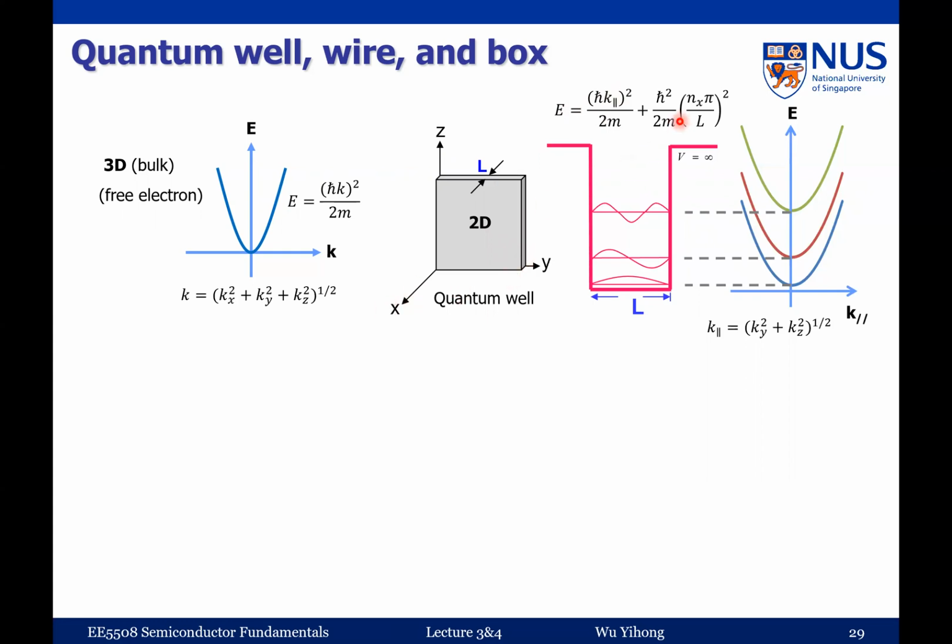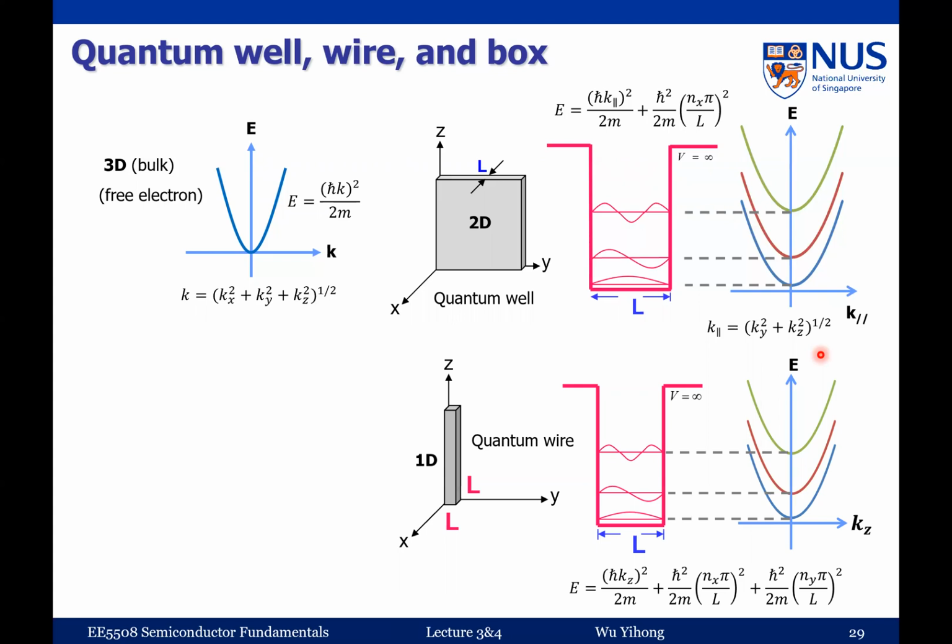But in the X direction, Kx is quantized. That's the reason why you have these sub-energy bands, or sub-energy levels. This dispersion is E as a function of K parallel, and K parallel is the length of the wave vector in the YZ plane.